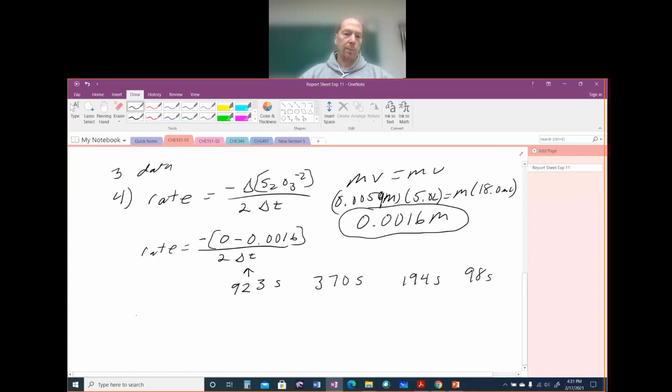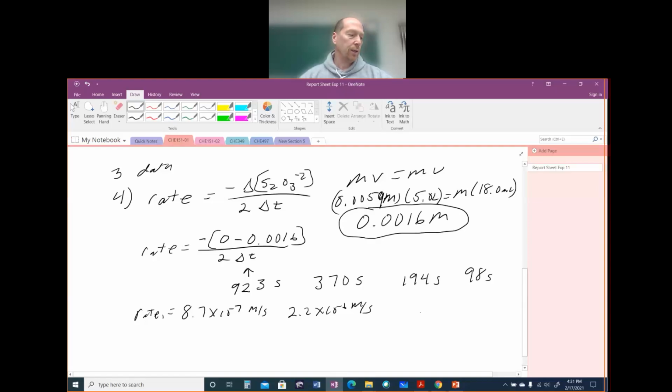All right, so when I plug in my numbers, I have rate 1, 8.7 times 10 to the minus 7 molarity per second. For the second one, 2.2 times 10 to the minus 6 molarity per second.